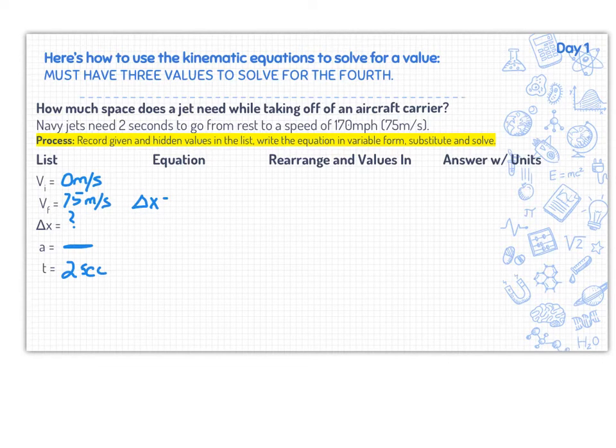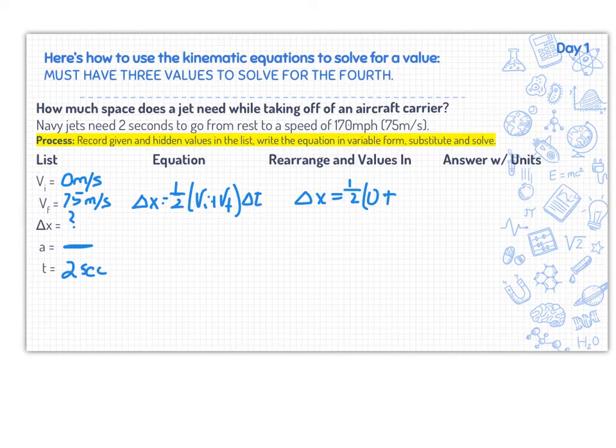Now be careful with this one. This is not a simple velocity equals displacement over time problem, because we're accelerating. The jet is speeding up at a certain acceleration. It's not a constant velocity equation. So knowing that, we're going to write the equation, and in this case we're going to use the change in x is 1/2 times (vi plus vf) times the change in time.